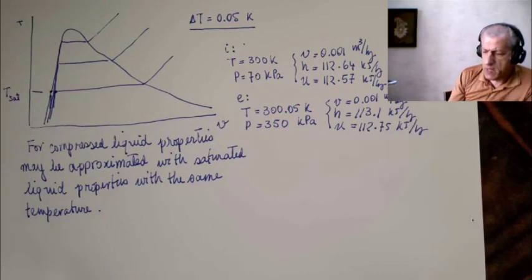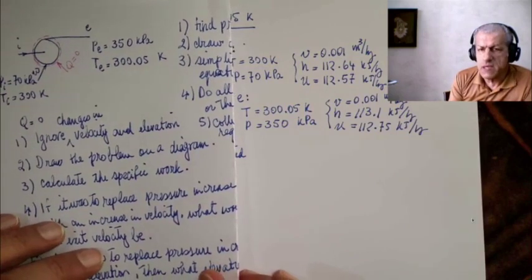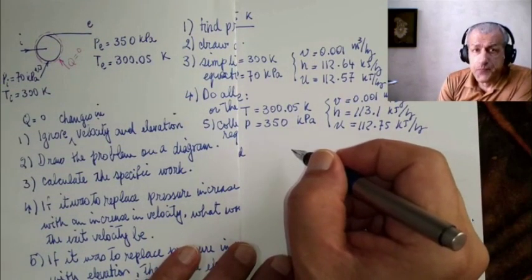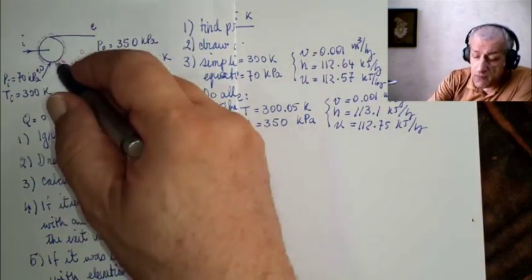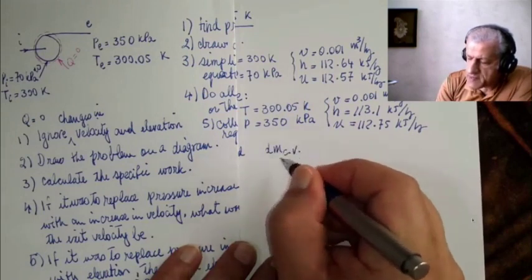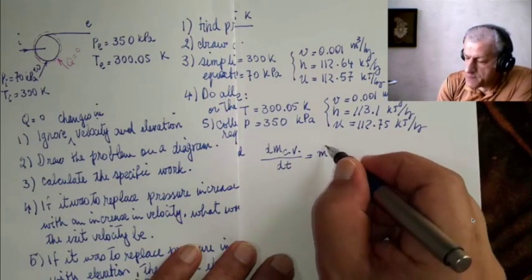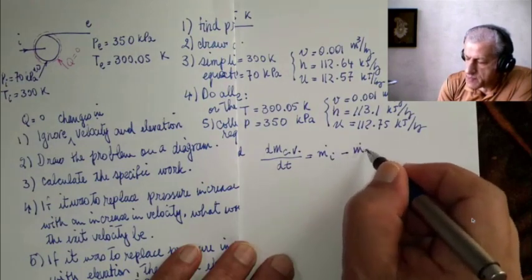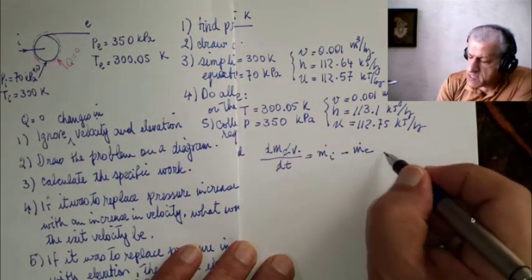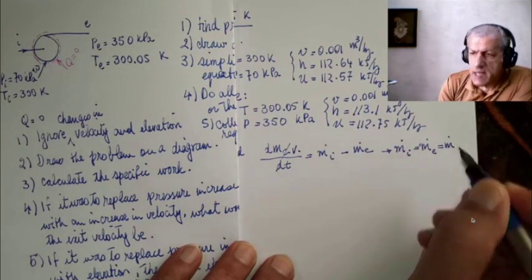I would put it just here to remind us what the problem was and try to simplify the conservation equations for this control volume. The conservation equation is dm_CV by dt equals m dot I minus m dot E. And since this is a steady flow problem, this term vanishes, and the conclusion is that m dot I equals m dot E and equals m dot.